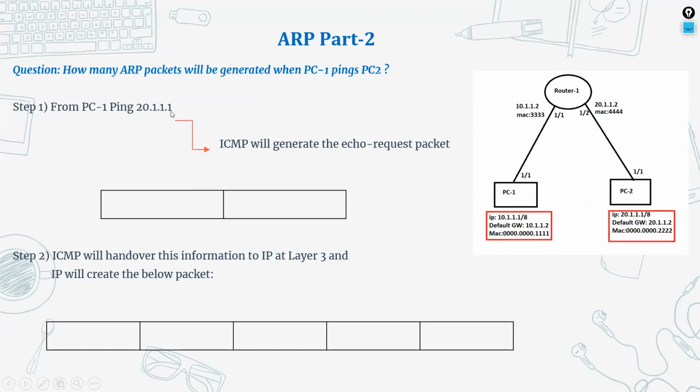So as soon as we ping from PC1, or we give this particular command, ICMP protocol is going to generate the echo request packet, correct? So let's fill out this information, and so the echo request packet will be generated, right?